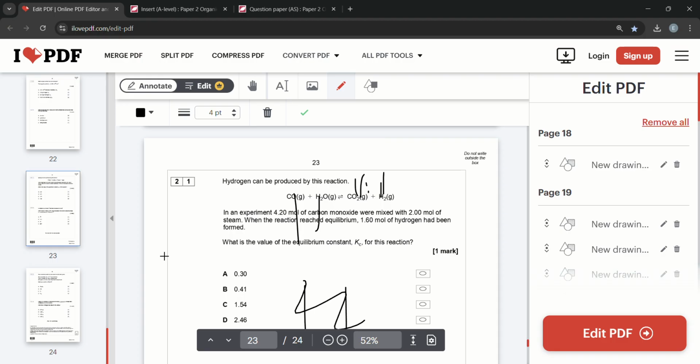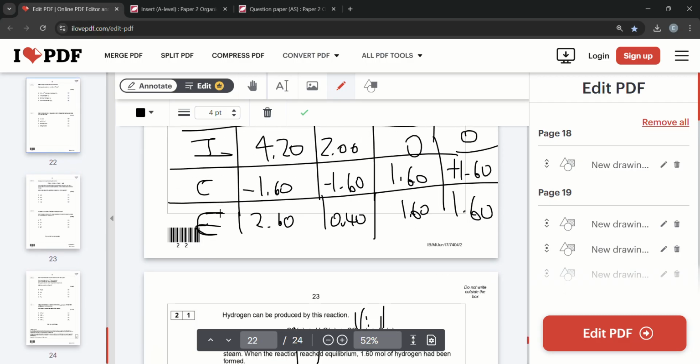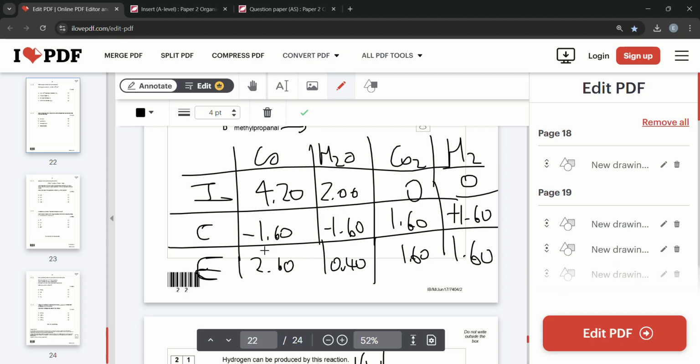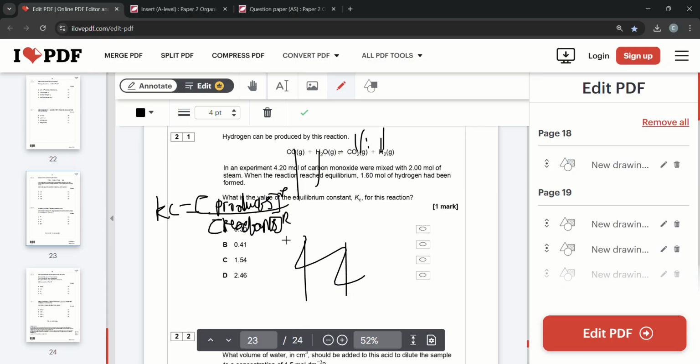and obviously the Kc equation, Kc equals the concentration of products, square brackets, to the power of P over reactants to the power of R. So it's going to be, because it doesn't give us the volume, okay, so it's going to be 1.60 times 1.60 divided by 2.60 times 0.40. 2.46.